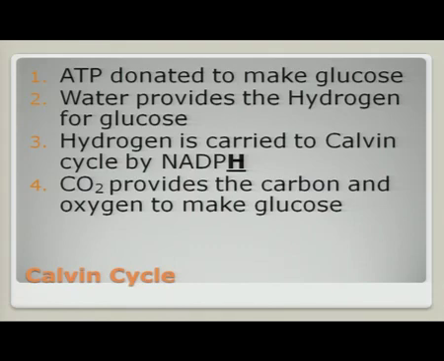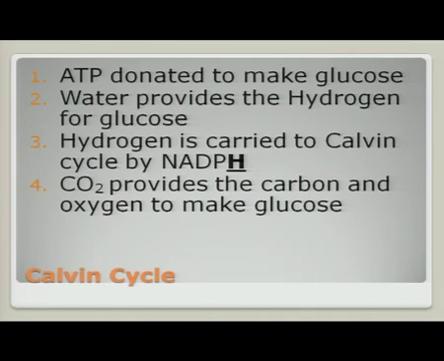Until the mid-60s, it was universally accepted that the C3 cycle was the only pathway to fix carbon dioxide into carbohydrate, that is glucose.